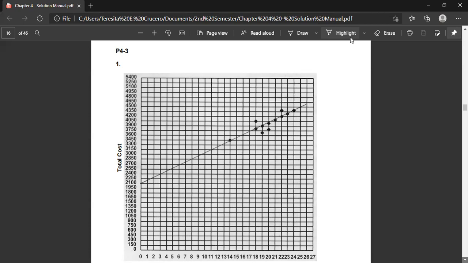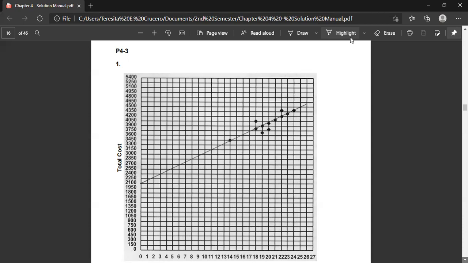And we have to see to it that in drawing the visual line, the line will pass through more dots. So take note that the line is passing through 1, 2, 3, 4, 5, 6, 7, 8 dots. The line is drawn going downward.